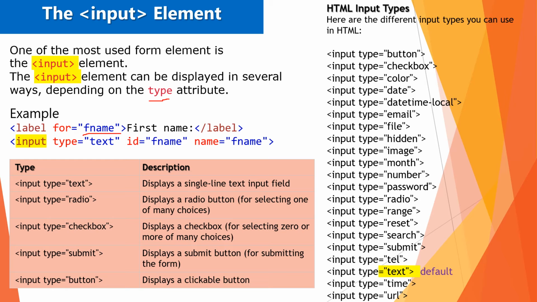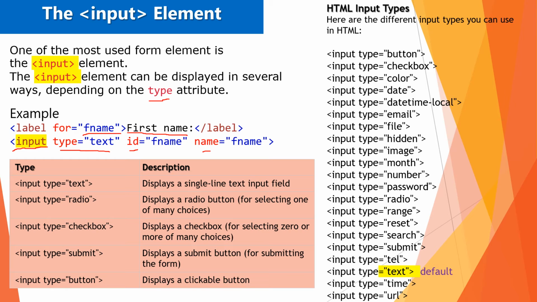That is, we have given the first name as a label and the label is ended here. And the next is an input. So highlighted is the input. By the yellow color, we have highlighted the input element, and type is a particular attribute. The text is a value of that attribute. ID and name are specified here.